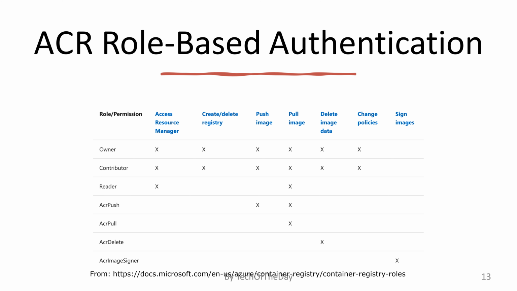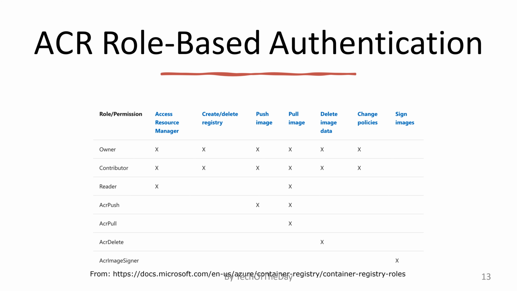The primary example of the right role for headless authentication for a container orchestrator or with Azure Container Instances is ACR pull. This role gives those services the right to pull an image but no other access to the container registry or the data in it.